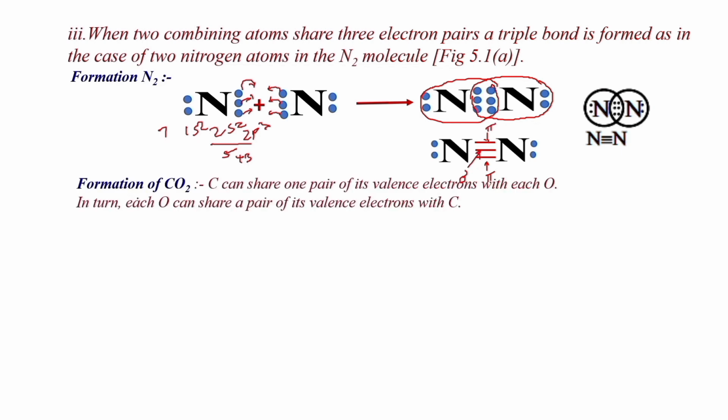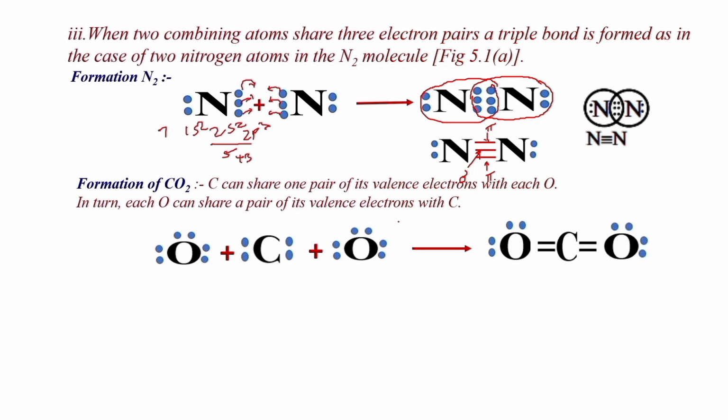Another example of multiple bond is the formation of CO2 molecule. Carbon can share one pair of its valency electrons with each oxygen atom. In turn, each oxygen can share a pair of its valency electrons with carbon, forming a carbon-oxygen double bond. Here, 4 bonds are formed between carbon and 2 oxygen atoms.